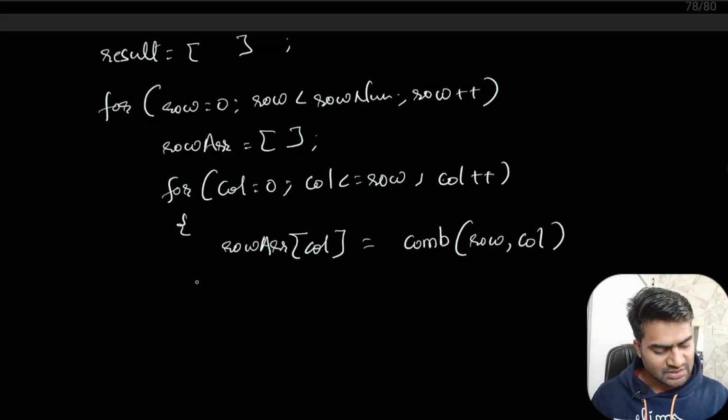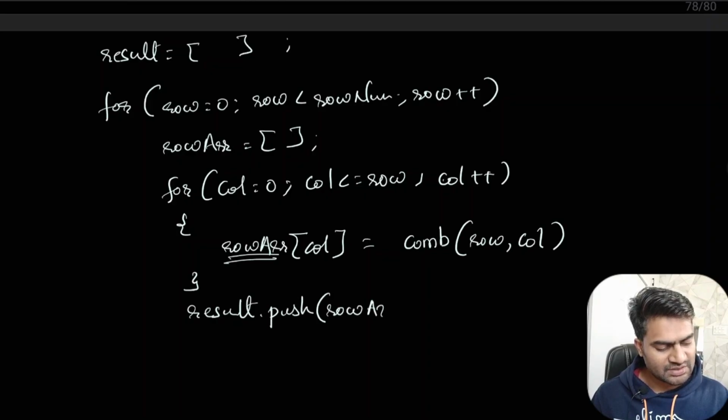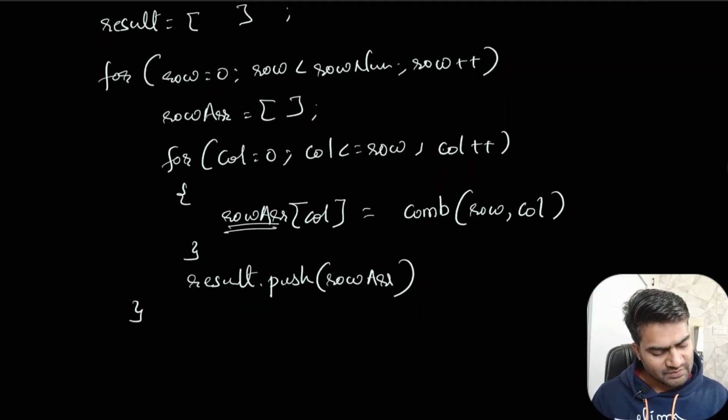Then finally I will add this particular row array to our result. So push of row array. So this is basically the generated row.